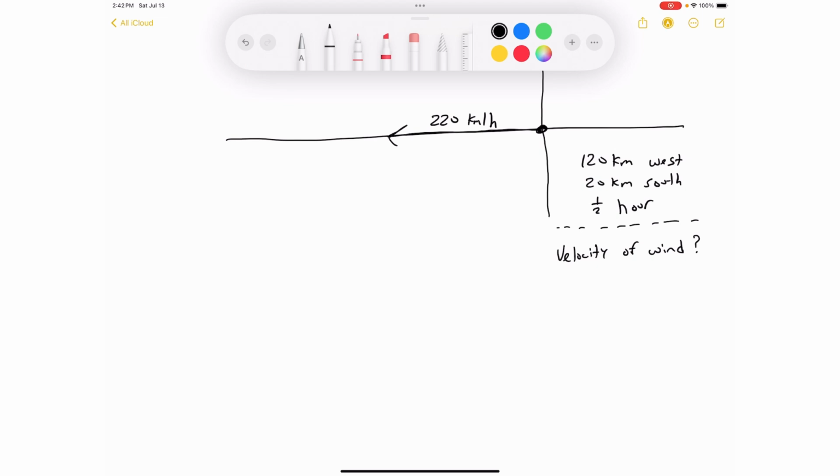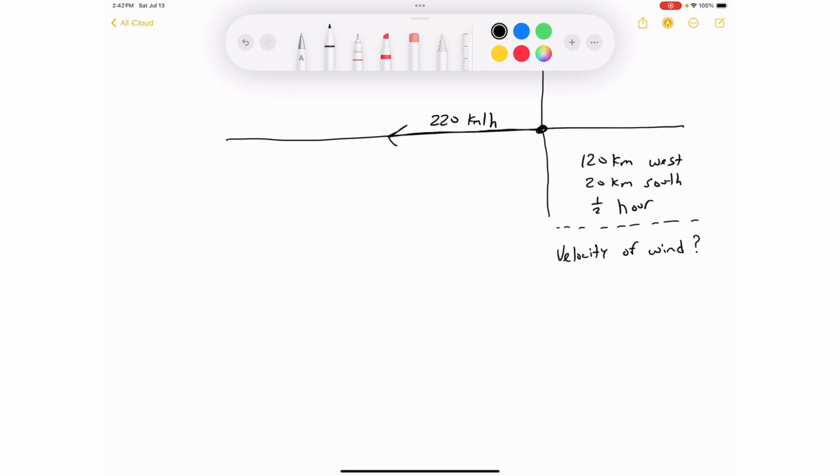Okay, so we know the velocity of the airplane, which is 220 kilometers per hour west. Well, that's what was set. Now we want to figure out where the plane actually is. The plane actually is 120 kilometers west and 20 kilometers south.